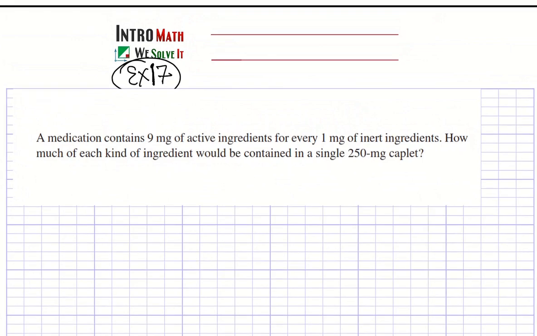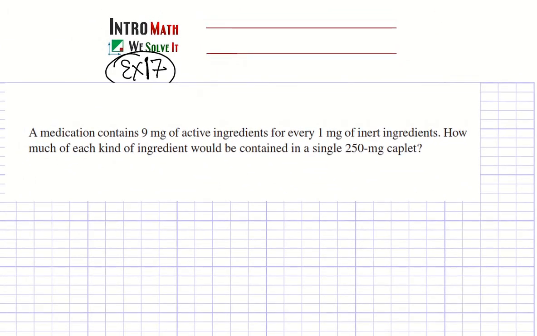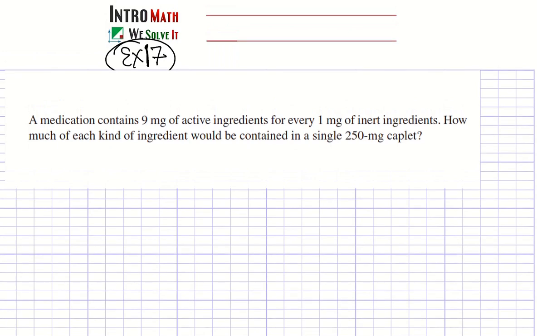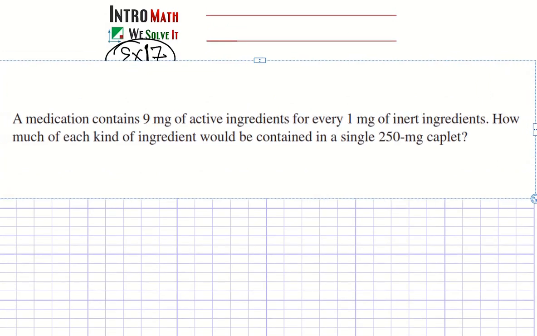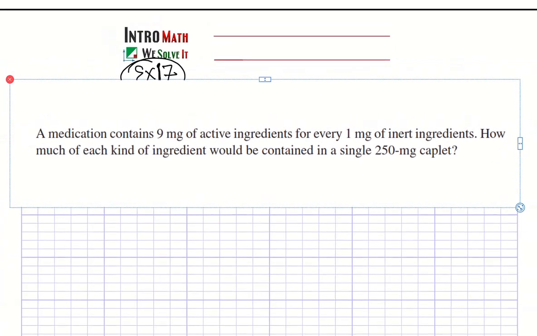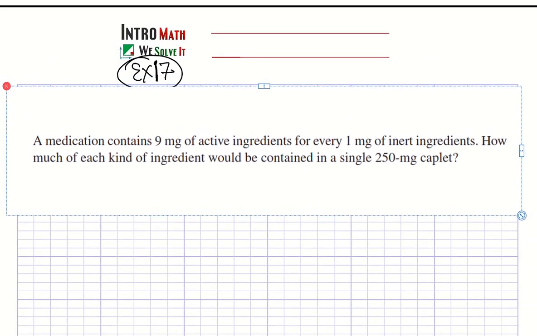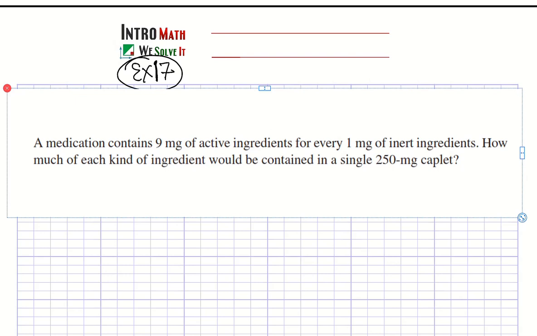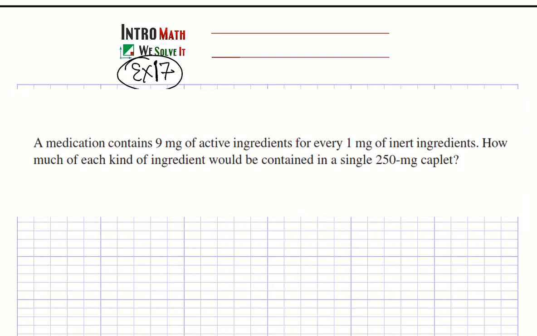Let's check this one. It says a medication contains 9 milligrams of active ingredient for every 1 milligram of inactive ingredient.